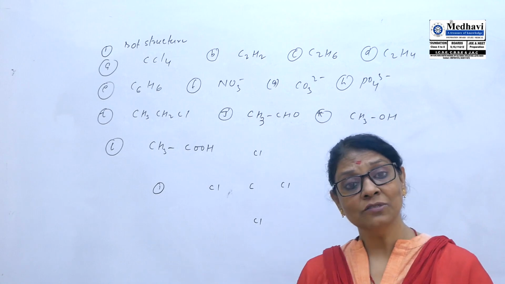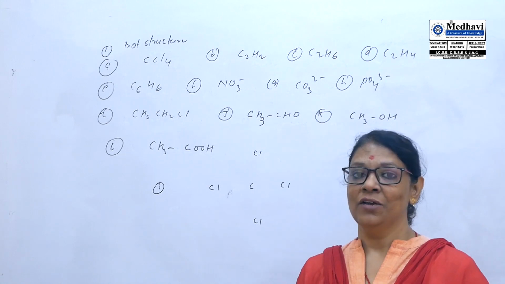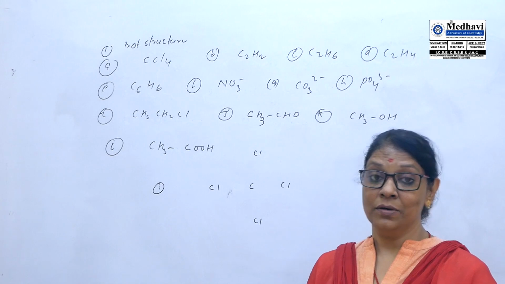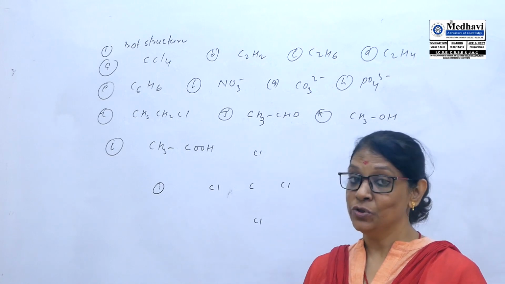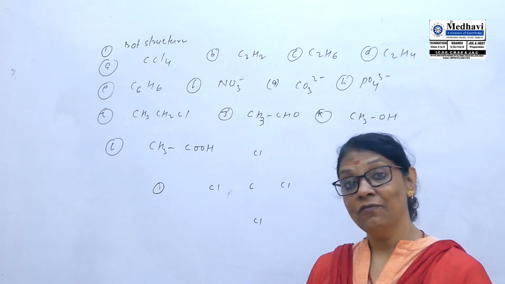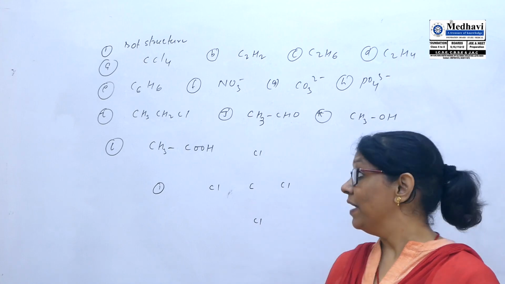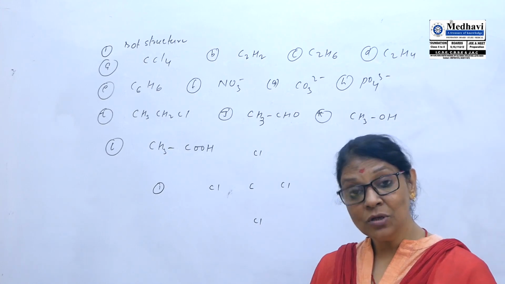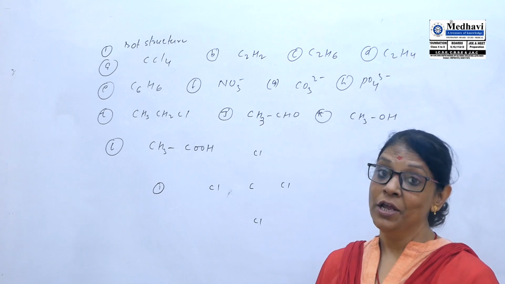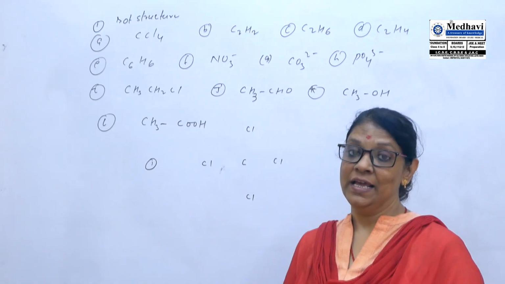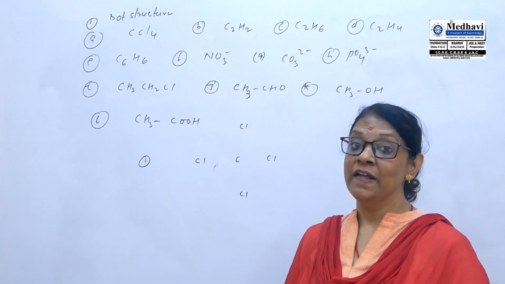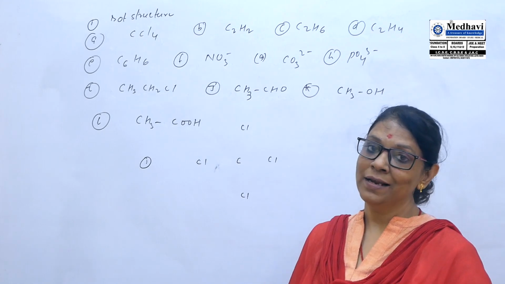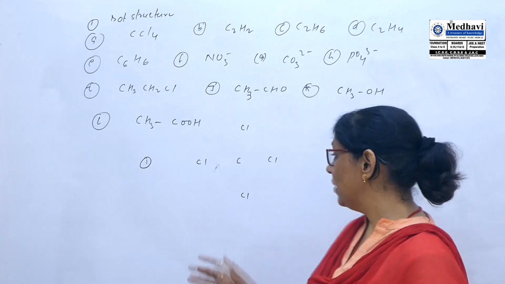If the bond is formed between metals and non-metals, we can say it is definitely electrovalent or ionic, because in ionic transfer there should be one donor and one acceptor. But when there is a bond between atoms in a covalent compound, sharing of electrons takes place, and for this sharing we need electron-deficient elements, so they are all non-metals.